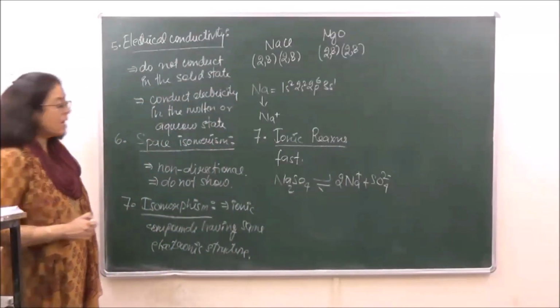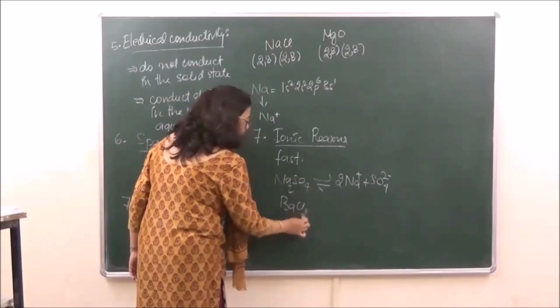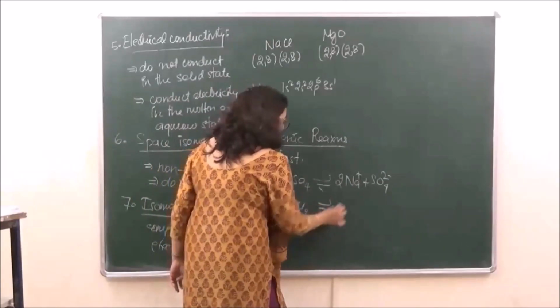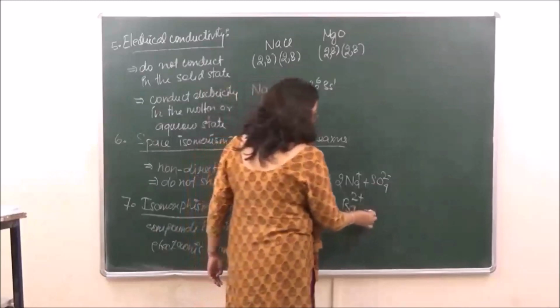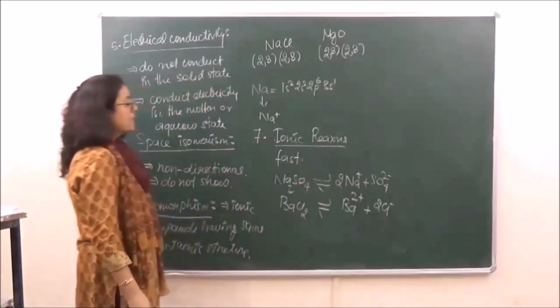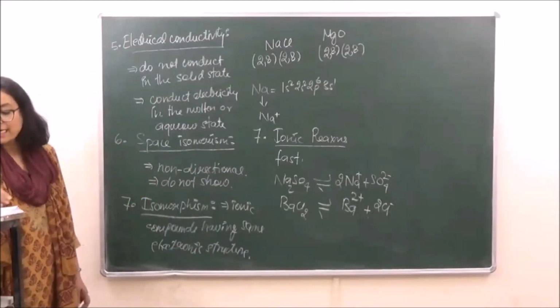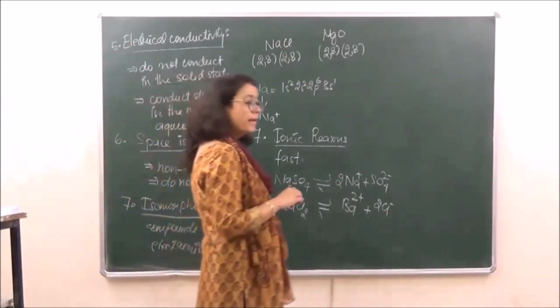And we are mixing with it barium chloride, which gives us Ba2 positive plus Cl negative. As soon as we mix these 2 ionic compounds, a white precipitate of barium sulfate is obtained.